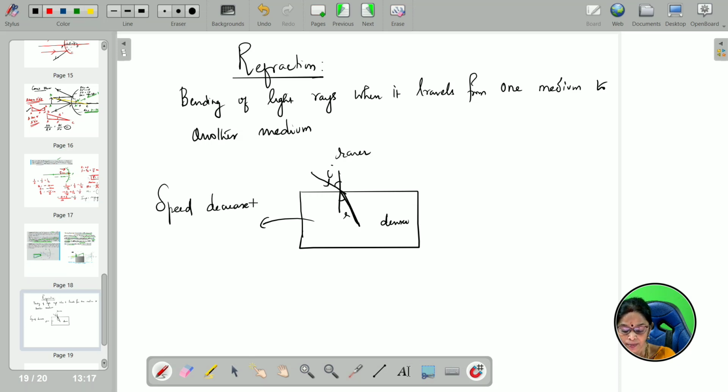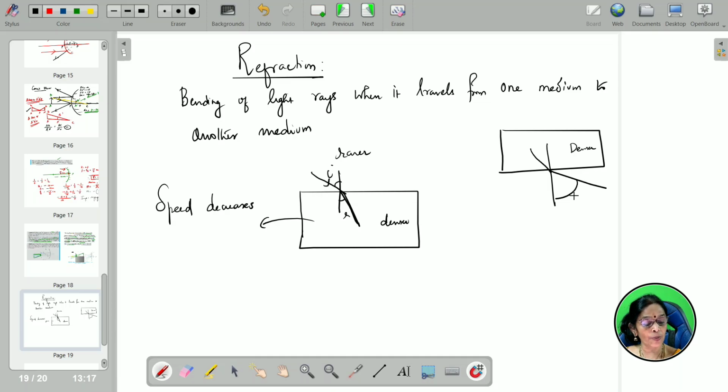Whereas when the ray of light travels from a denser medium to a rarer medium, it bends away from the normal. Whether rarer to denser or denser to rarer, it bends because of the refractive index, because it is getting slowed down. This phenomenon is called refraction.